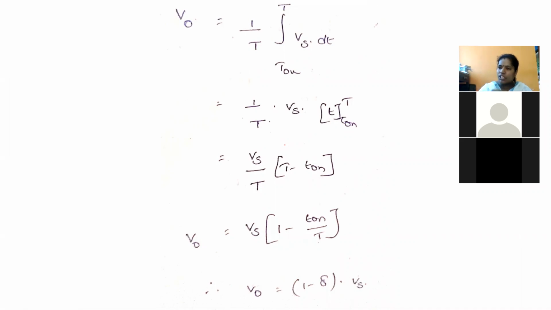That means minimum is 0, maximum is supply voltage. So from this equation, you can simply say this chopper, that is the second quadrant chopper, behaves like a step down chopper. Remember this carefully. They can ask how the second quadrant chopper behaves, like a step down or step up. For this, you have to answer: it behaves like a step down chopper.